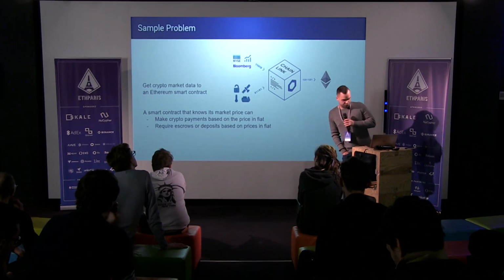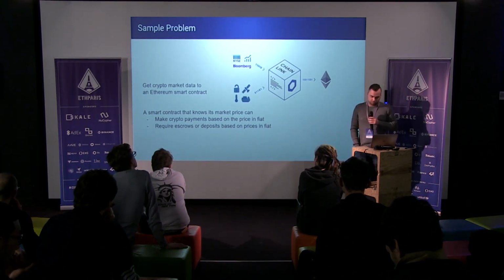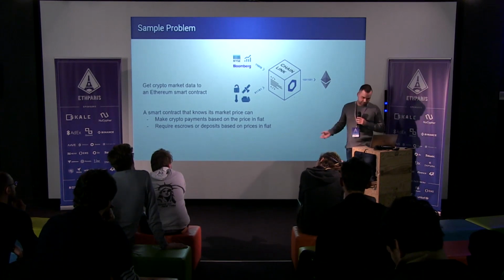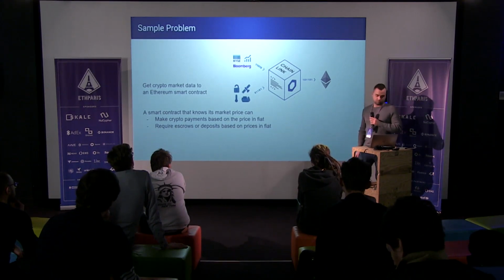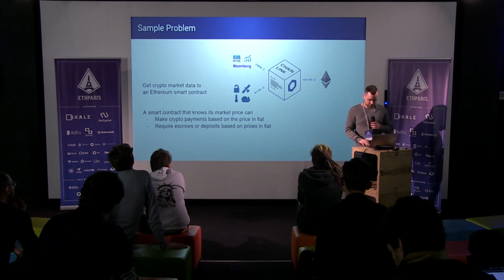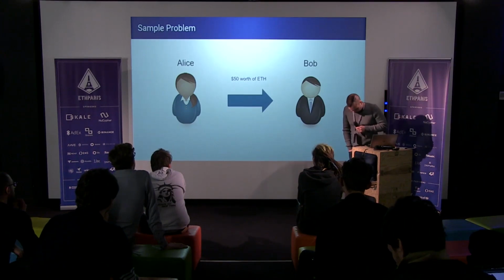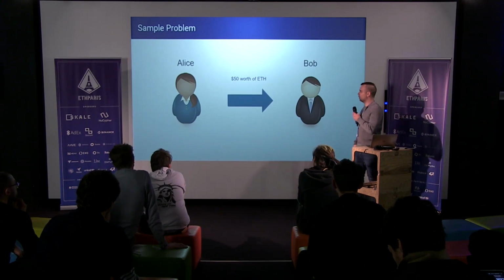So, to go into more detail of a sample problem, you've got a smart contract that knows its market price. It can make crypto payments based on the price in fiat and requires escrow or deposits based on that price. A good example: you've got Alice and Bob.